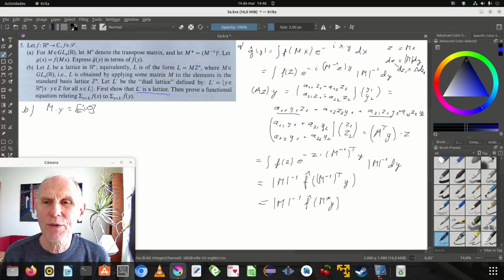So this gives... so we have to find a vector. Yeah, it's the same problem. We have to find a vector so that this dot product gives the unit vectors.